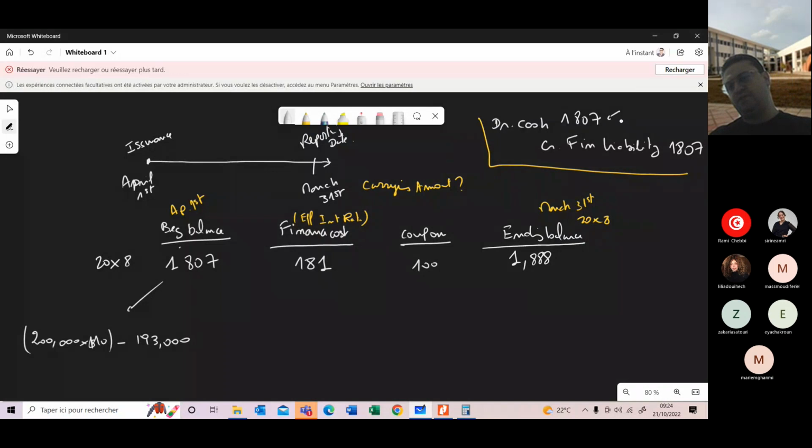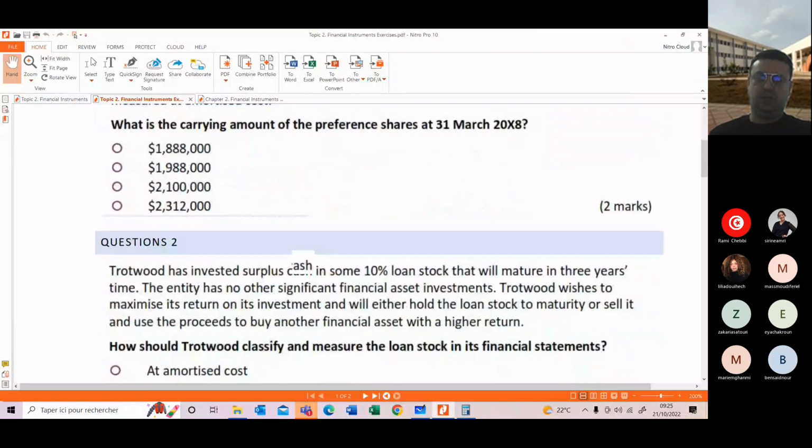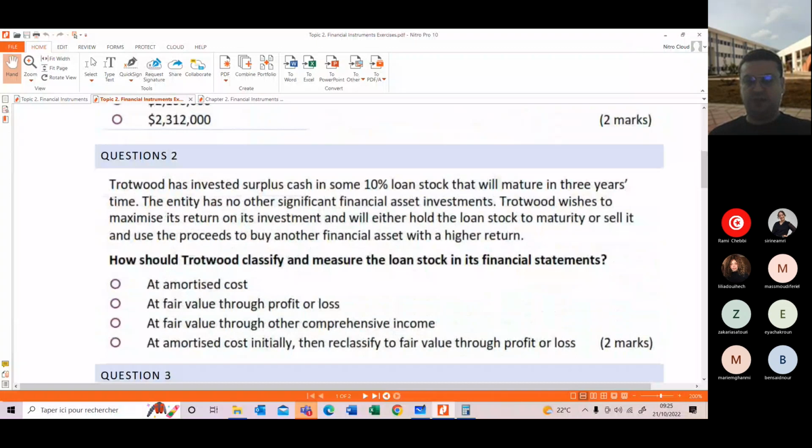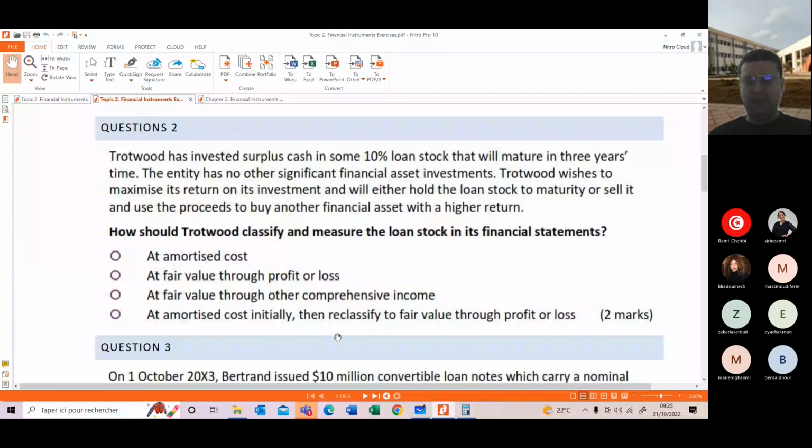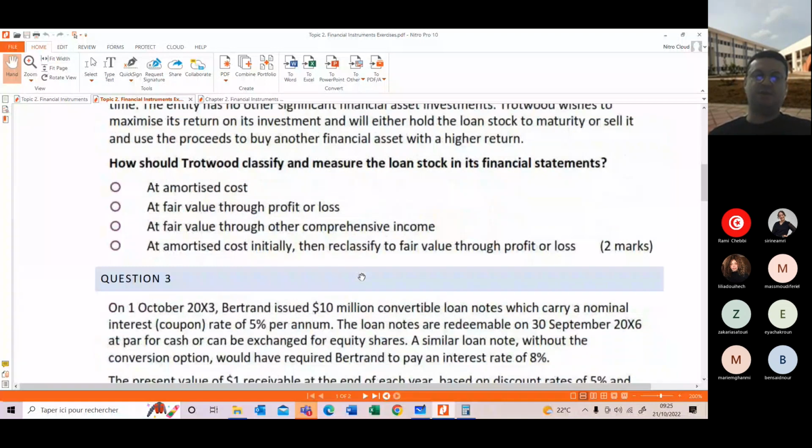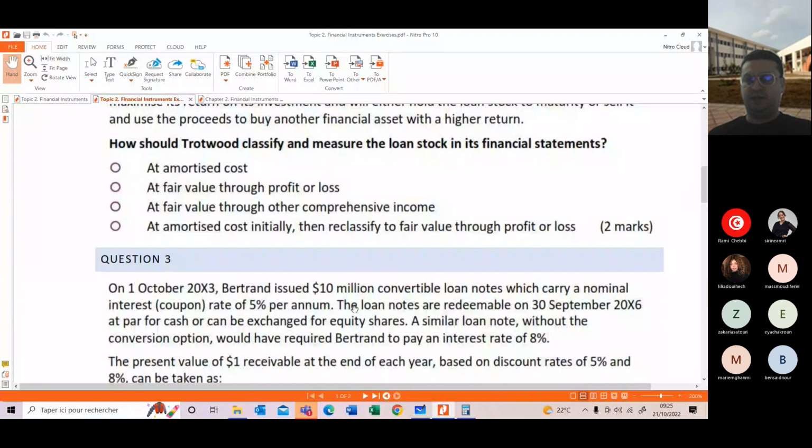In other words, this amount is net. That's the cash that finally we got from that liability. I think that for the second question, we did this in class. I went back to question one simply because in question one, we have another perspective.